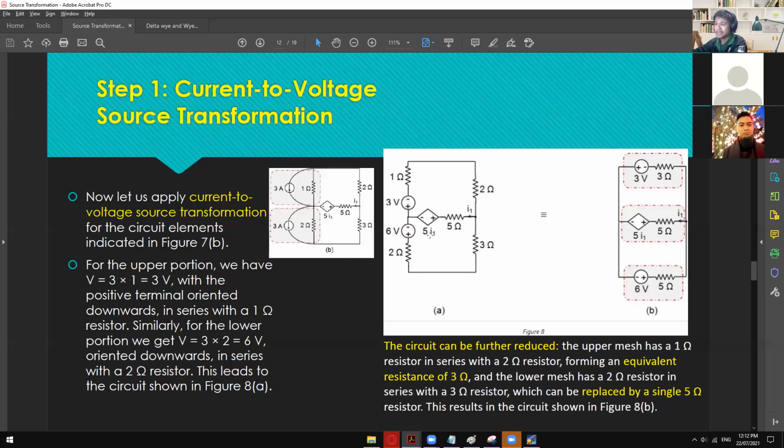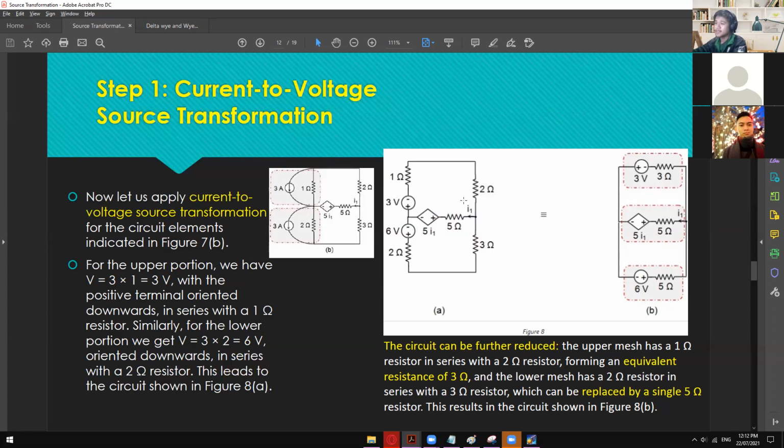Meaning it depends on the current flowing in here. A larger current gives a larger voltage source right here, and a lower current gives a lower voltage source. That's why it's called a dependent source.